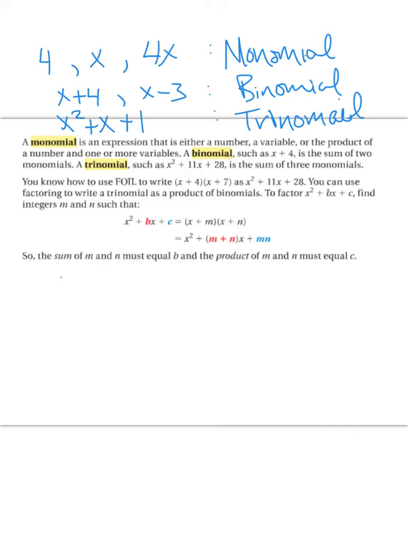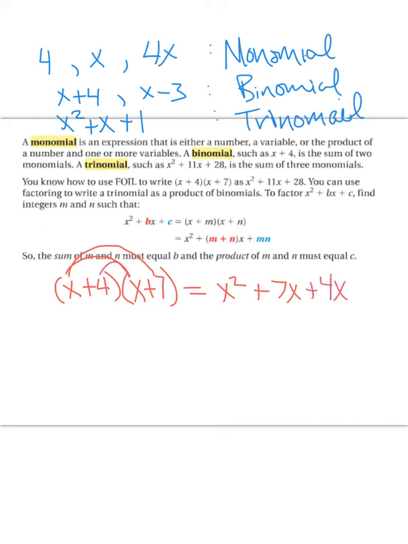Hopefully you remember the FOIL method, such as when we have x plus 4 and x plus 7, and we want to multiply these two binomials. You would take the first terms multiplied by each other, you'd get x squared, and the outer terms, then the inner terms, and then the last terms.